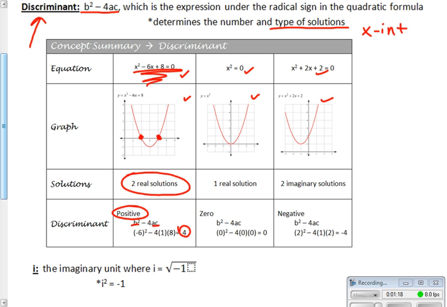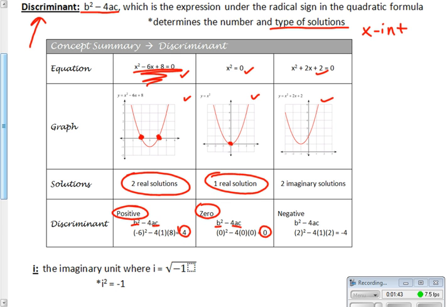That's telling you your parabola is going to intersect the x-axis in two spots. If you put in your values and come up with an answer of 0, that's telling you that you're going to have one solution. Your parabola is going to touch the axis at one spot.